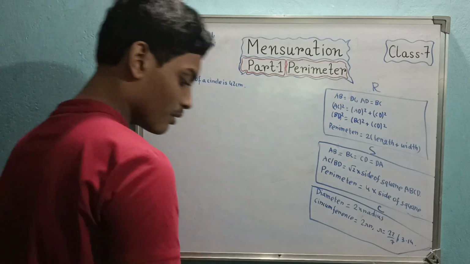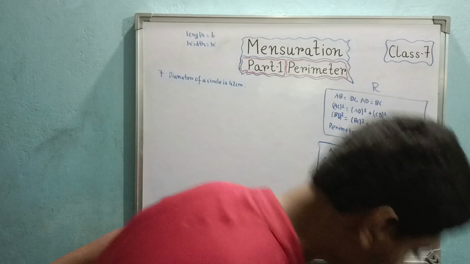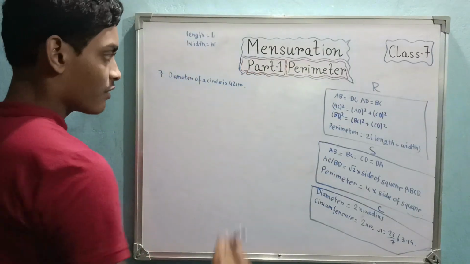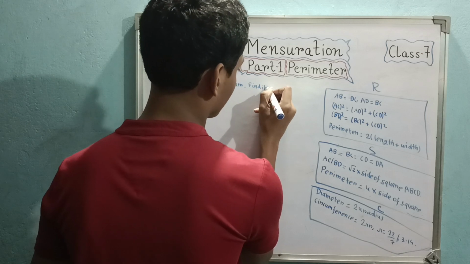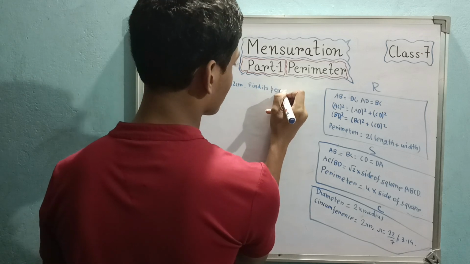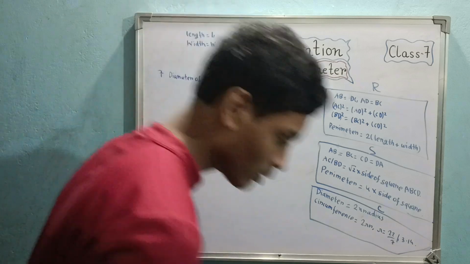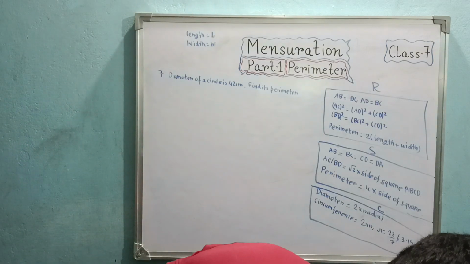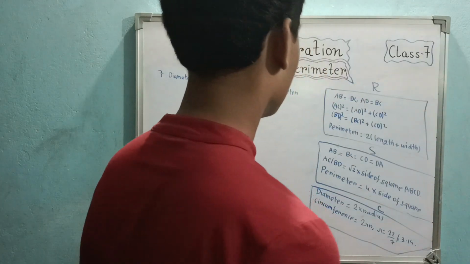Okay, accepted. Find its perimeter. If the perimeter is doubled, what will be the new radius of the circle?